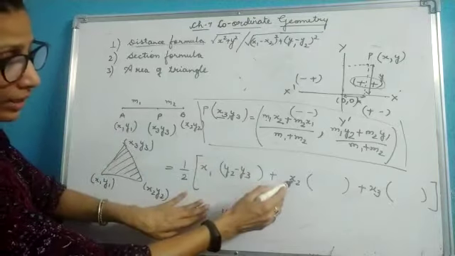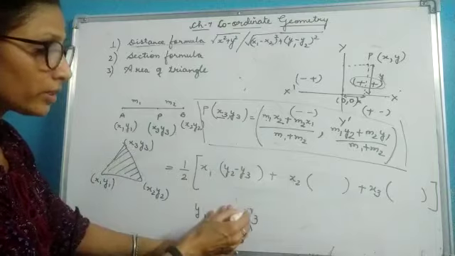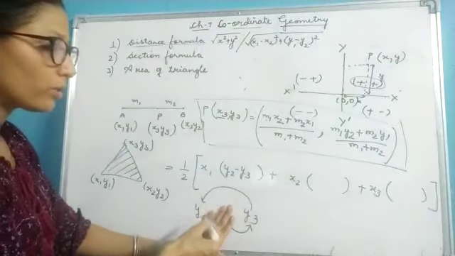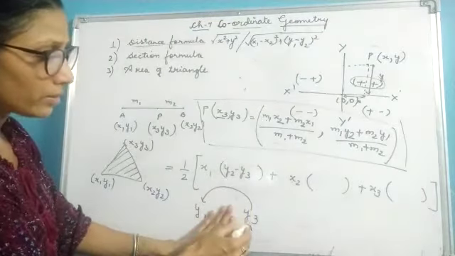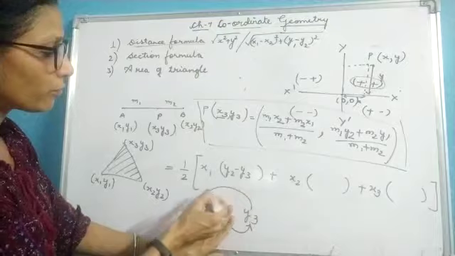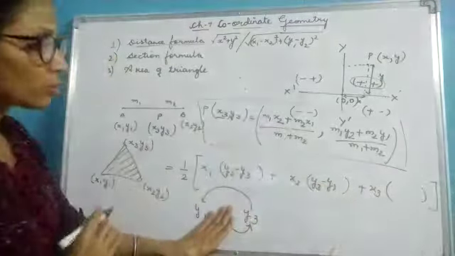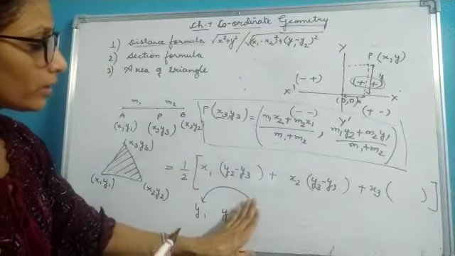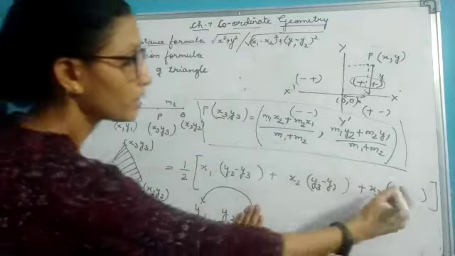Now you have taken x2, so you will not be taking y2, but you have already reached here, so you will be moving in the same direction. The direction which you are following is the same everywhere. So you are already here, so you will be moving from y3 to y1. So I will be writing it as y3 minus y1. Now it is x3 over here, so I will not be taking y3, and I am already here, so I will be moving like this, y1 minus y2.